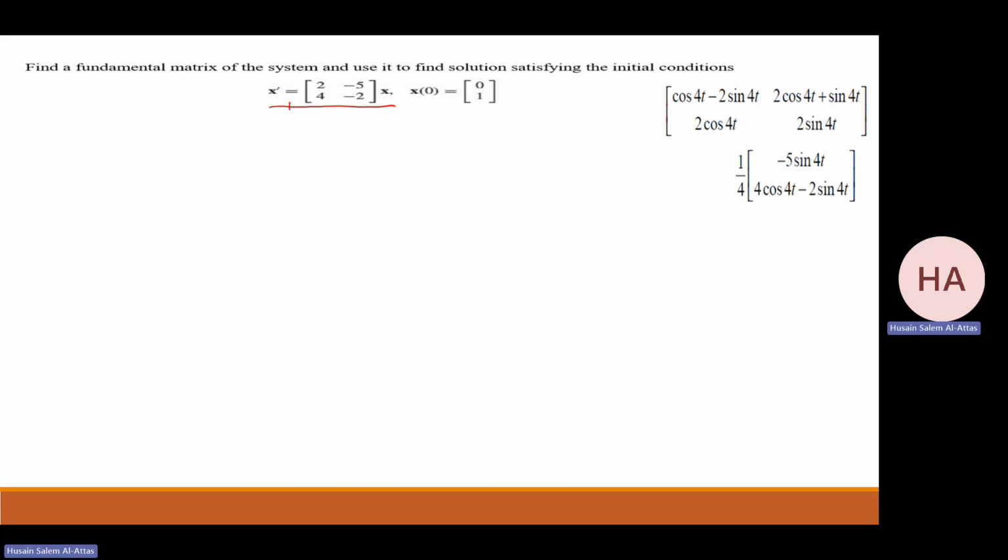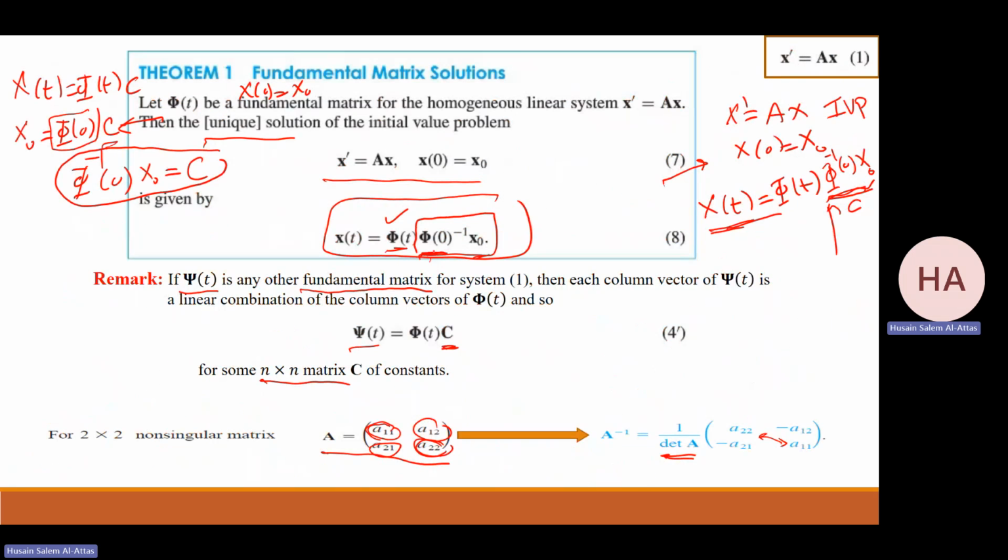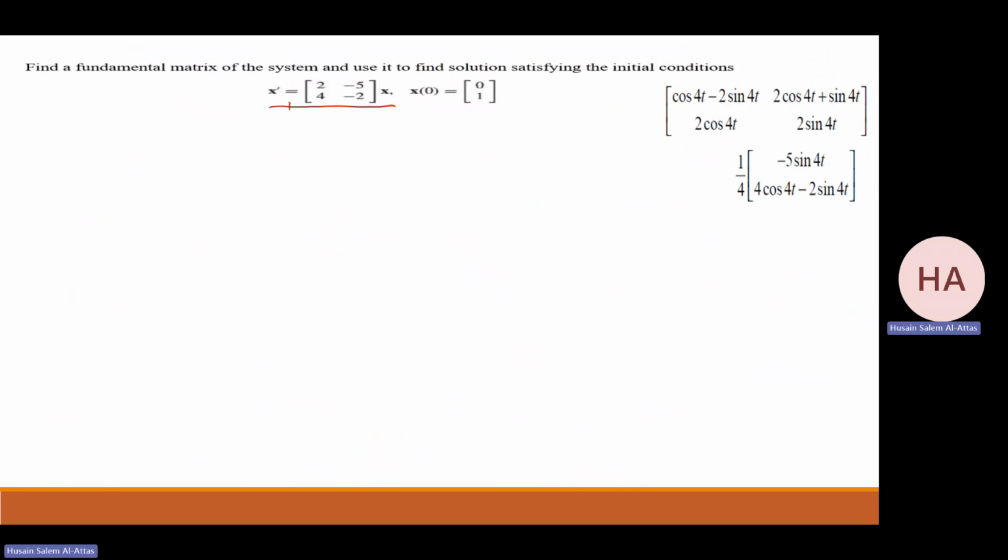So you need to find the solutions in the way we did in chapter 7. I have solutions, list them, that will be phi of t. Then to solve the initial value problem, just apply this formula, phi of t times this. Or as I said, you can do it the long way through the C's.